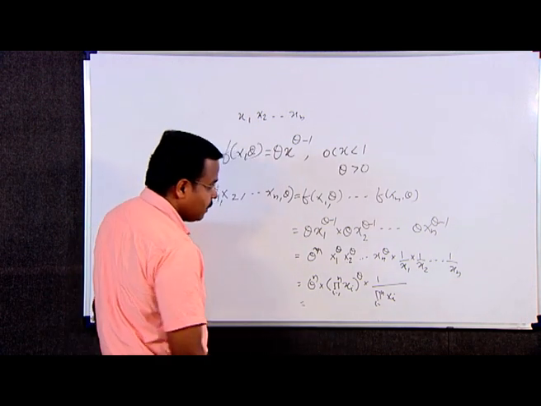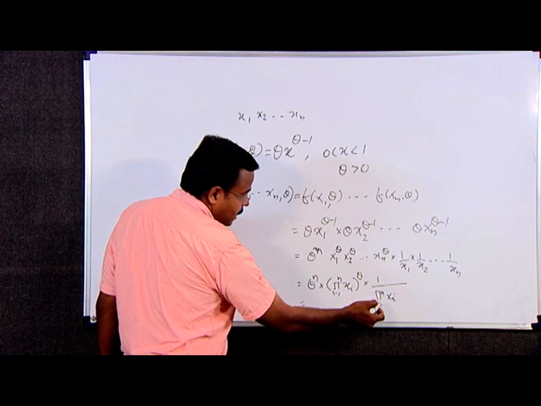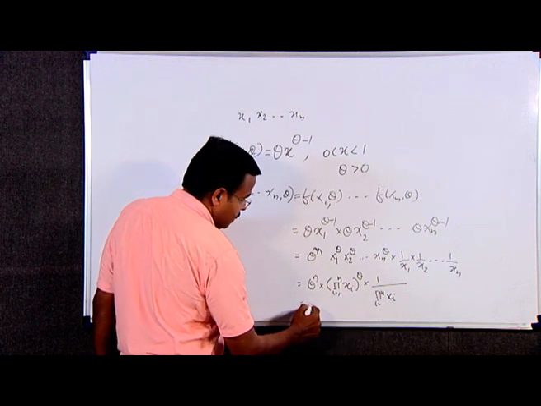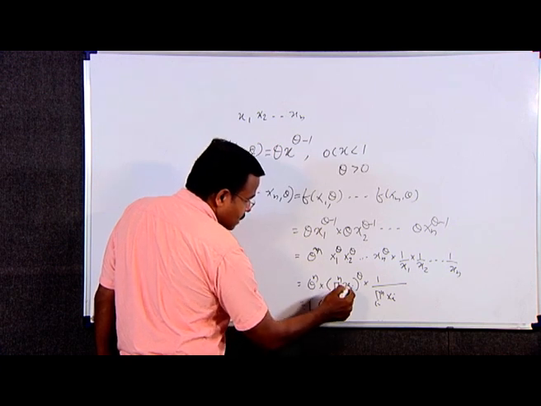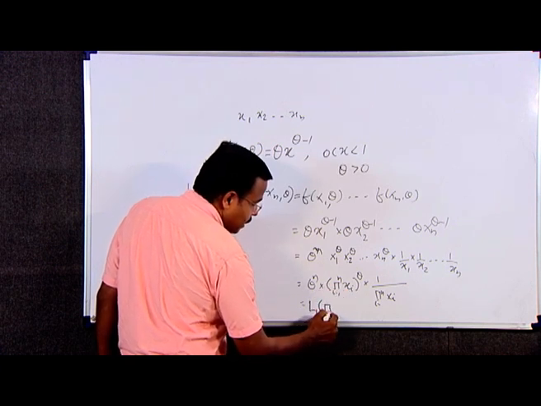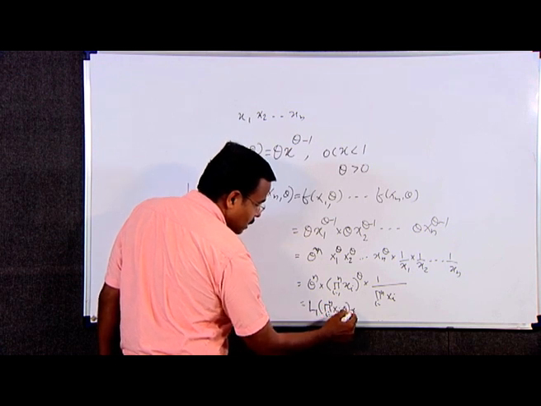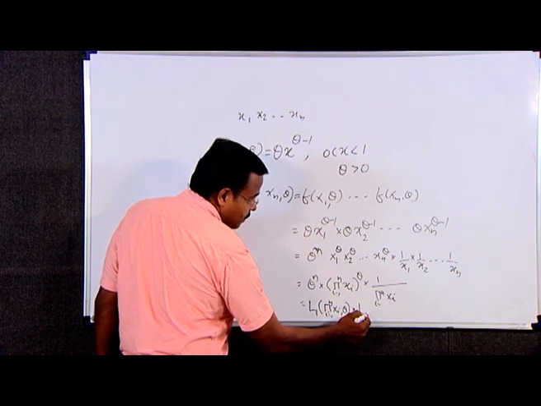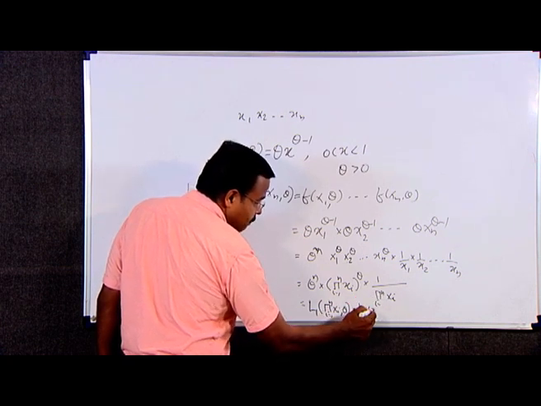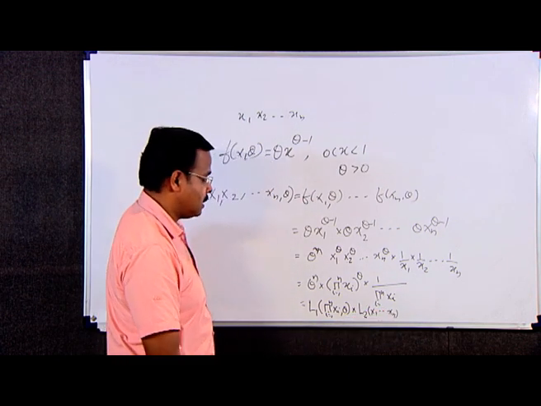So, here we can consider this as the first function, and 1 by product i from 1 to n of xi as the second function. That is, this is a function L1 of the statistic existing here, product i from 1 to n of xi, and the parameter theta is also here, into the second, that is 1 by product i from 1 to n of xi. There is no parameter theta, that is a function of x1, x2 etc. xn, let it be L2 of x1, x2 etc. xn.